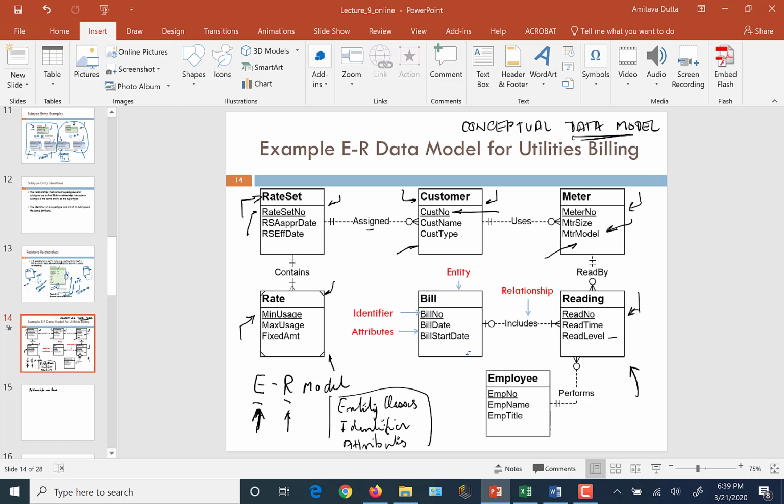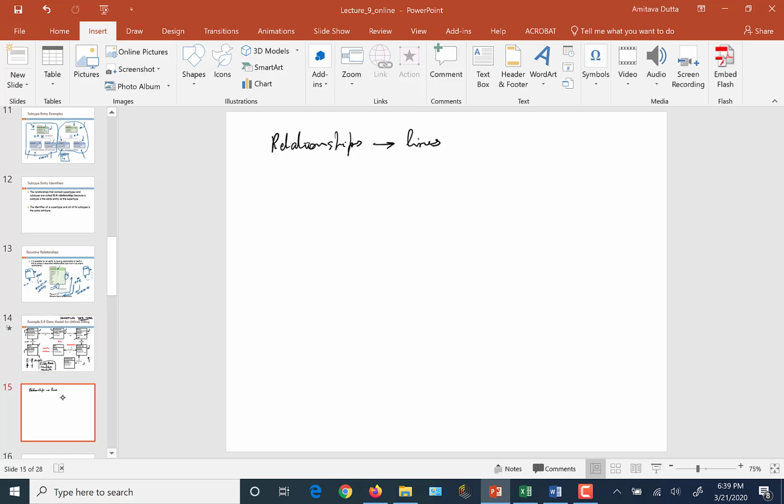Do you see this? Here's a dotted line here, a dotted line here, a dotted line here, a dotted line here. However, you have a solid line over here. So lines are usually dotted, occasionally solid.